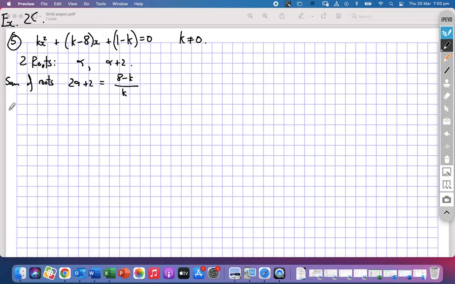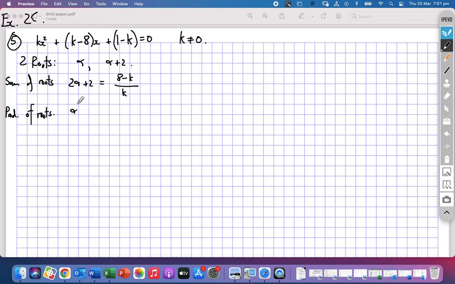Right. Now the product of the roots. So that will be alpha times alpha plus 2. That would be alpha squared plus 2 alpha.